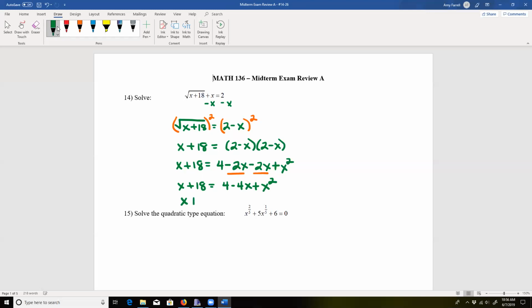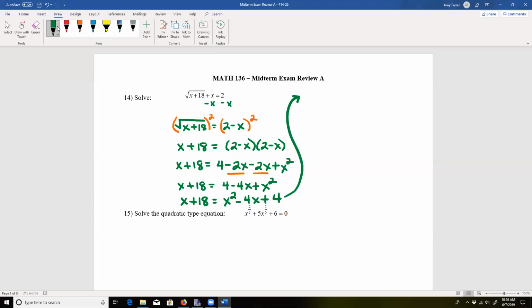So if I rearrange my terms on the right-hand side, I have x squared minus 4x plus 4. That's how we typically see trinomials written. So I have a quadratic equation, and in order to solve it, I do want a zero.